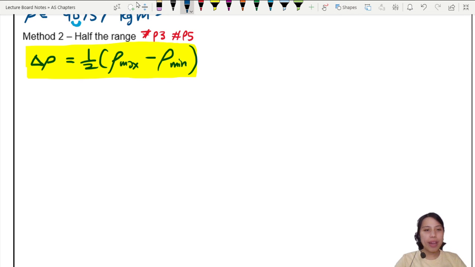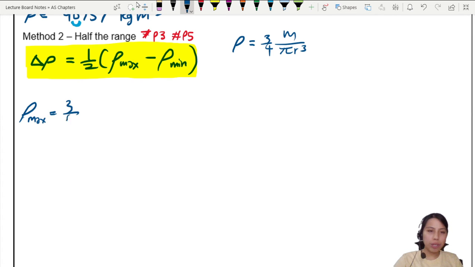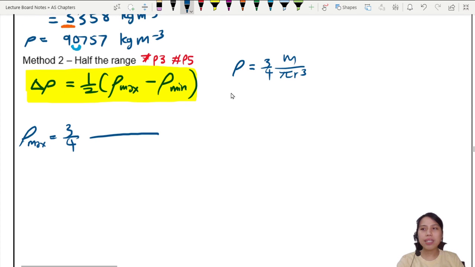Okay, so maximum value of density. What's the equation again? I keep forgetting. Density equals to 3 over 4, right? M times pi r cubed. Okay. Let's find the maximum. So rho max will be 3 over 4 times mass. Okay, what's the maximum mass we can have?